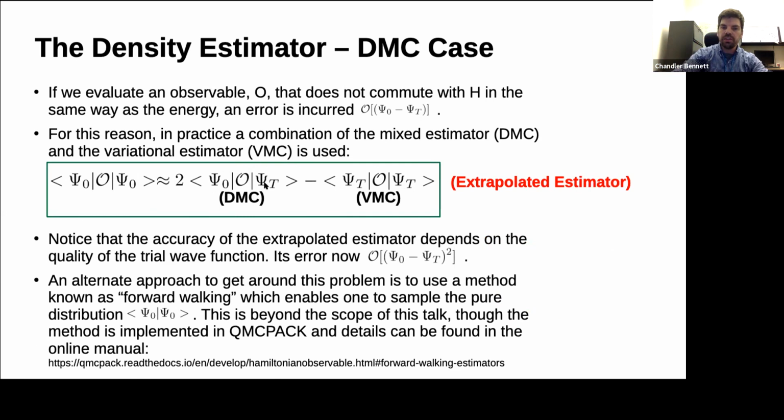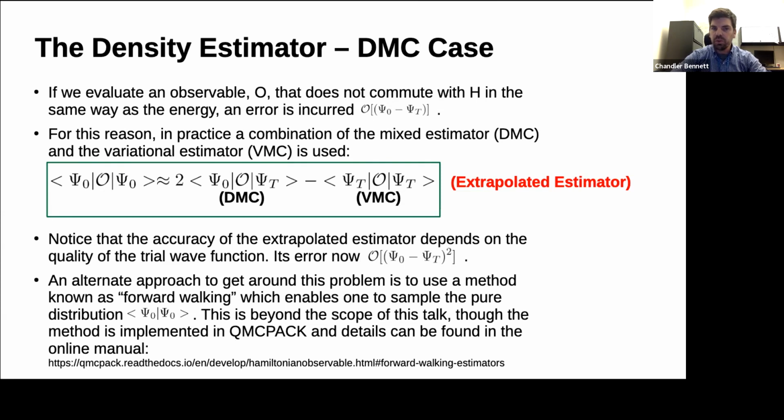And you can show that it's linear by replacing psi_T here with, say, psi_0 plus some function, call it delta, that represents the error. And what you can quickly show after a couple of steps is you'll get the form of the expectation value that we want, plus a term that's linear in the difference between psi_0 and psi_T.